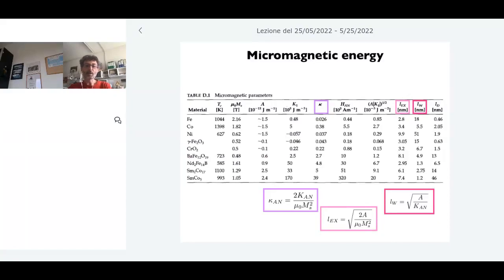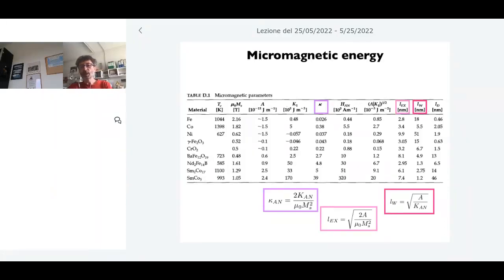Gamma iron oxide, Fe2O3, which is a ferrite. Chromium dioxide is a material that used to be one of the materials for recording tapes. Then these ones are the barium ferrites, so magnetic materials, insulators, quite common, quite cheap. And then three materials of the family of hard magnetic materials, rare earth transition metals.